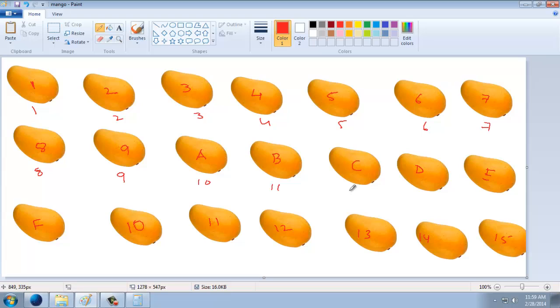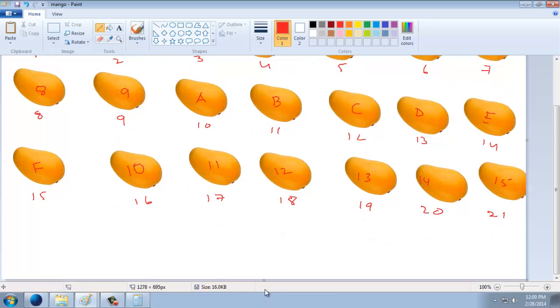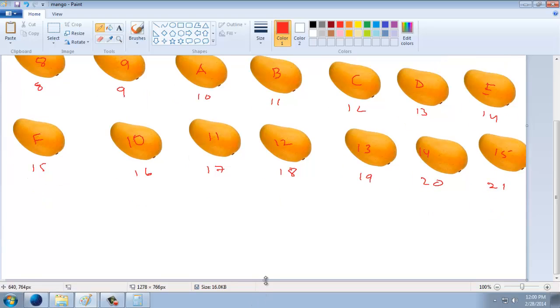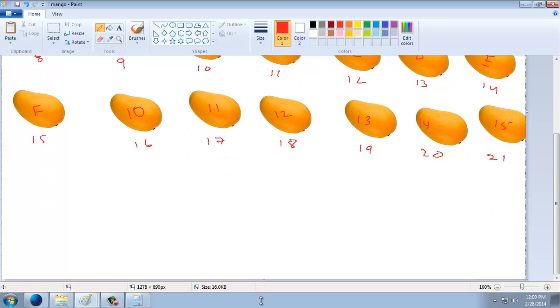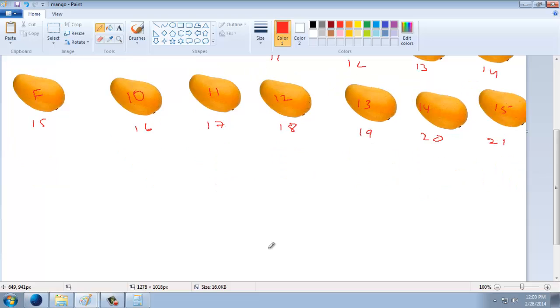B is 11, C is 12, D is 13, E is 14, F is 15, 10 in hexadecimal is 16 in decimal, 11 is 17, 12 is 18, 19, 20, 21. It goes like that up to the next repetition. What is the next repetition?